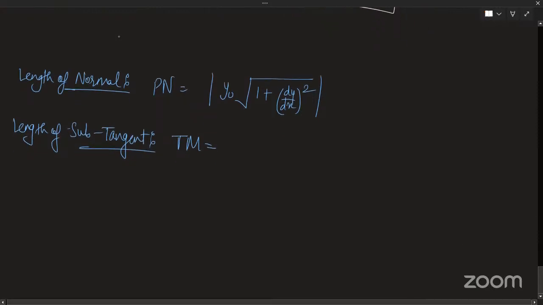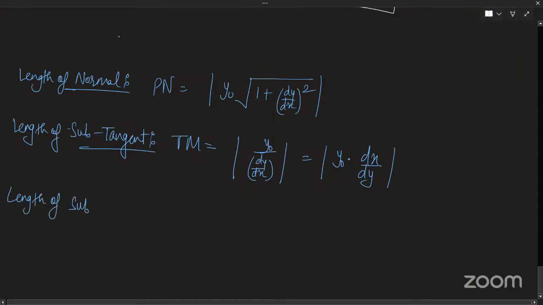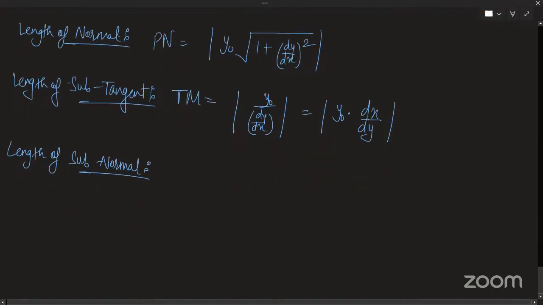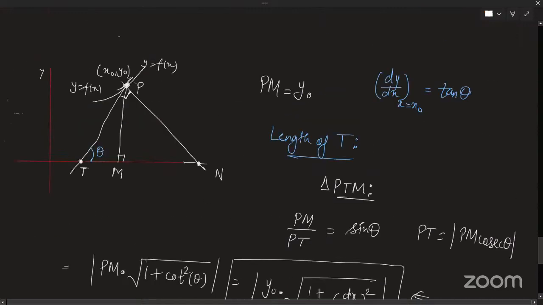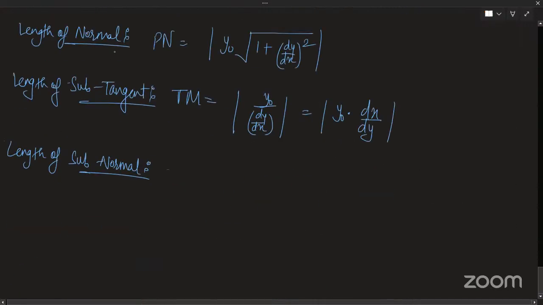The value of this is mod of y by dy by dx, or you can also write it as y naught into dx by dy. Similarly, I have length of subnormal. Subnormal means this thing, MN.